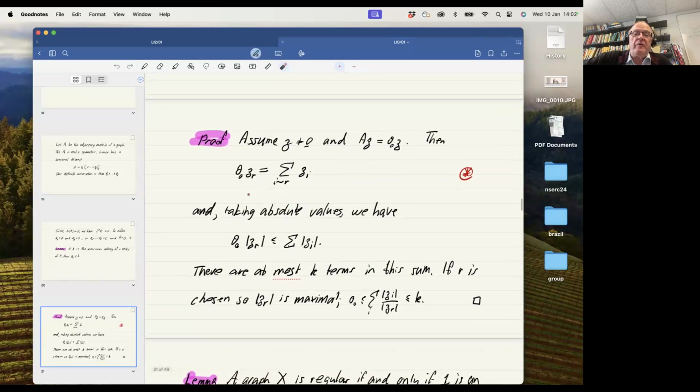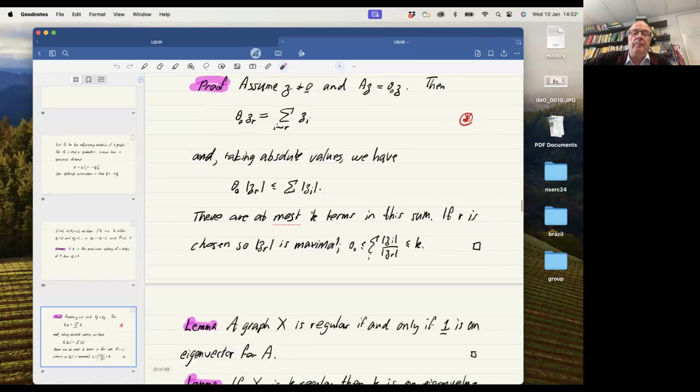Now we take absolute values of both sides, and theta 0 is positive, as I said before, so we get this equation. This is true for any r. That's the first comment. The second comment is that the number of terms in this sum is at most k, because we're summing over the neighbors of r, and the maximum valency of a vertex in the graph is k. So there are at most k terms in the sum.